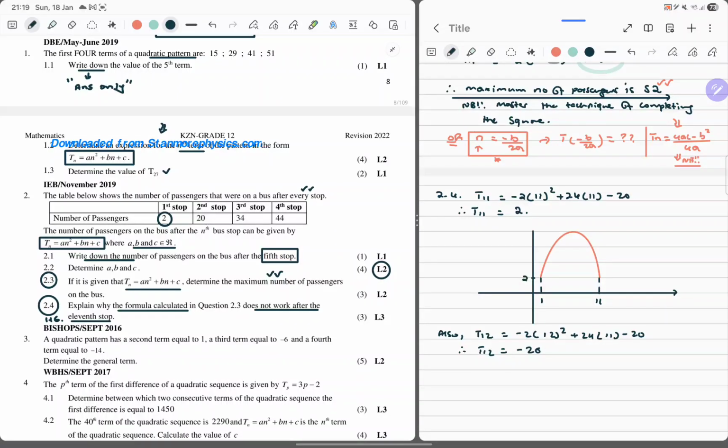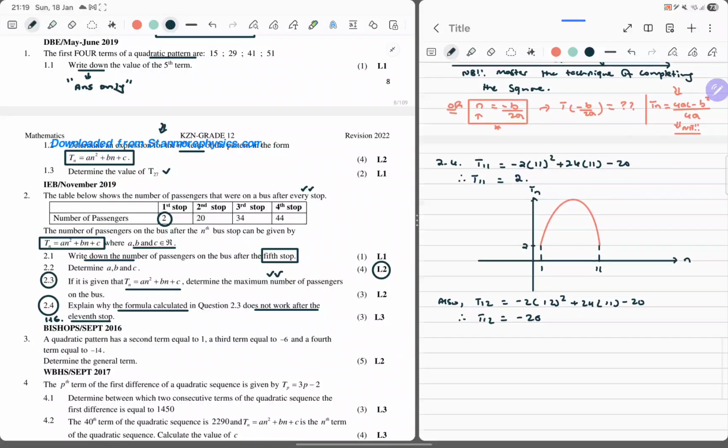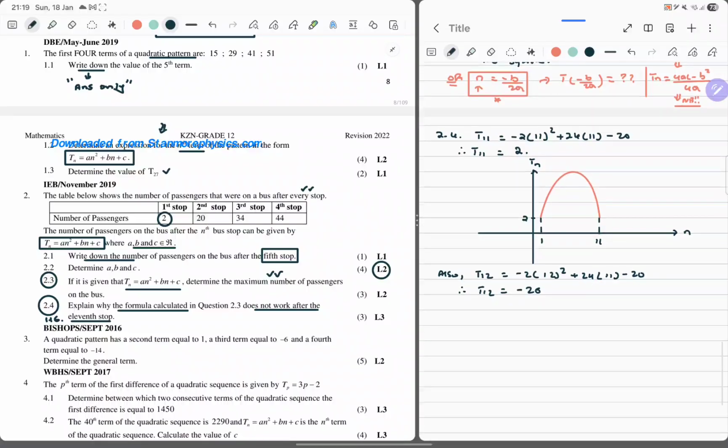Is it possible for us to have a negative number of passengers? That's not practical, because this is n, this is t sub n. So first of all, the next term after term 11 is negative.